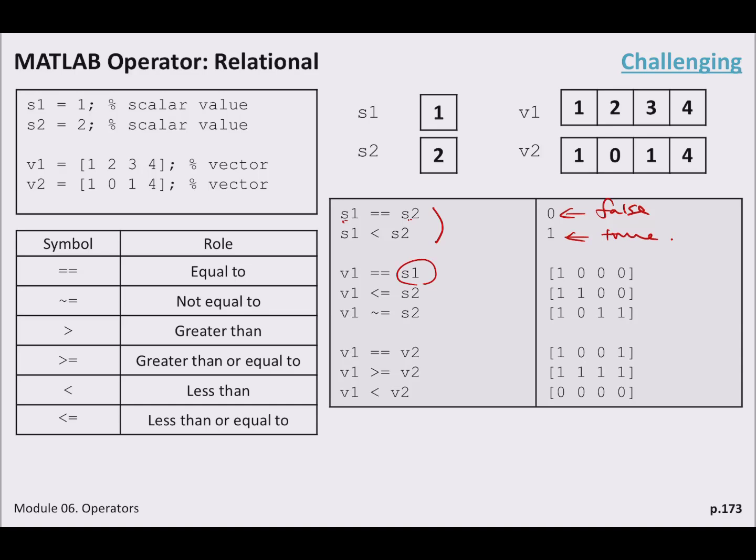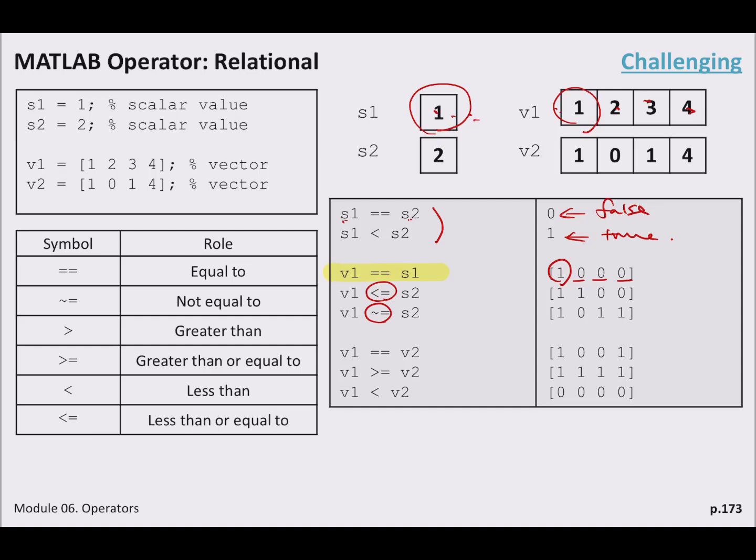So here, we do the element-wise operation. We compare S1 with the first element. That is the same, that's why it's true. 1, 2 is not the same. 1, 3 not the same. 1, 4 not the same. That's why it's a 0. Okay. So the other operators work the same way.